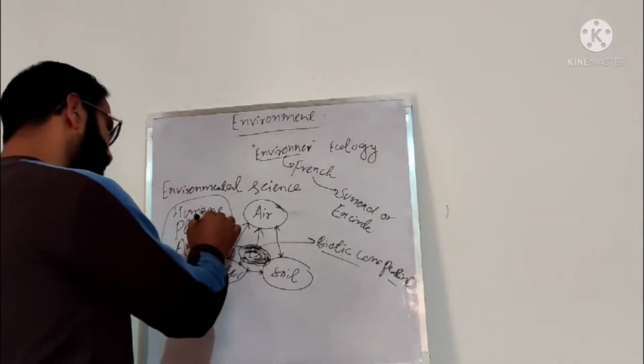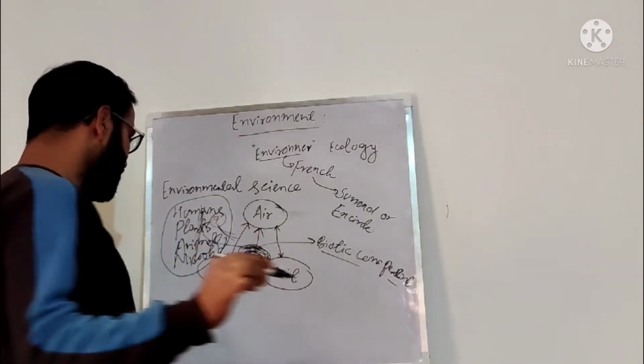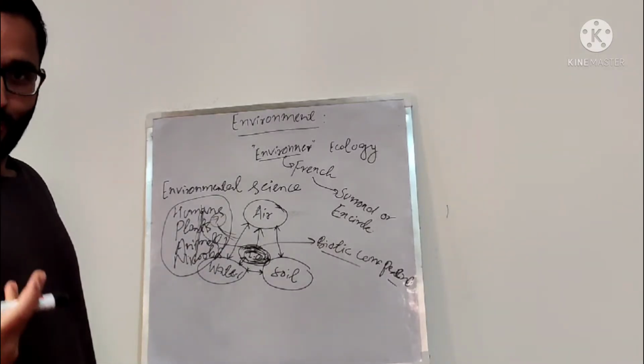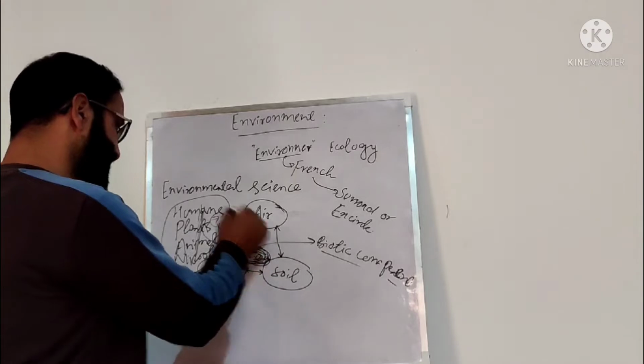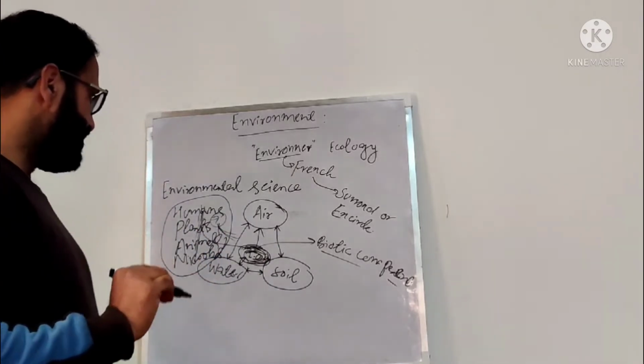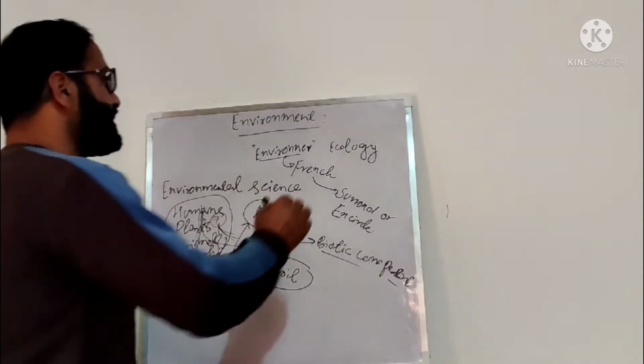So these human beings, plants, animals, microbes are also interacting with each other. Now, what are these interactions which occur between the living organisms, with each other, and with their physical environment? Such interactions we study under ecology.